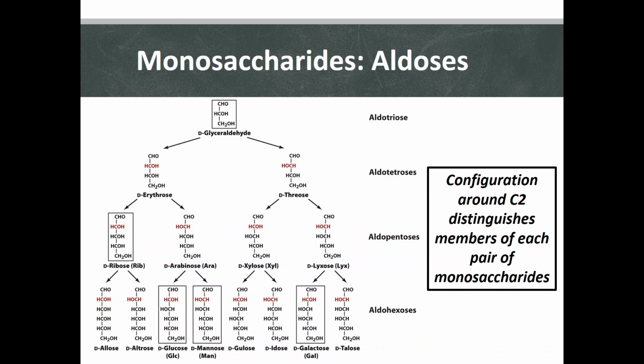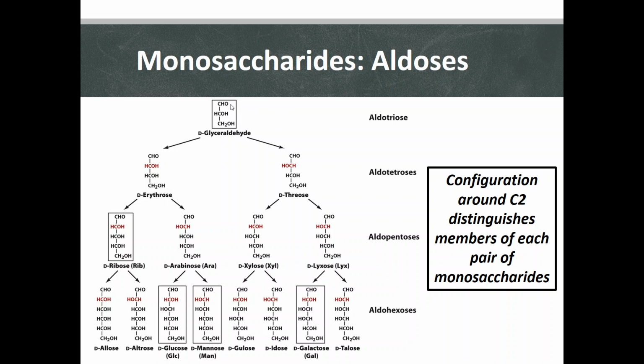If we look at the aldoses more broadly, you're going to start to see trends with regards to how we classify them. Let's start with the simplest case. So if we look at D-glyceraldehyde up here, first, it has 3 carbons, which defines it as a triose. There's also an aldehyde functional group, which defines it as an aldose.